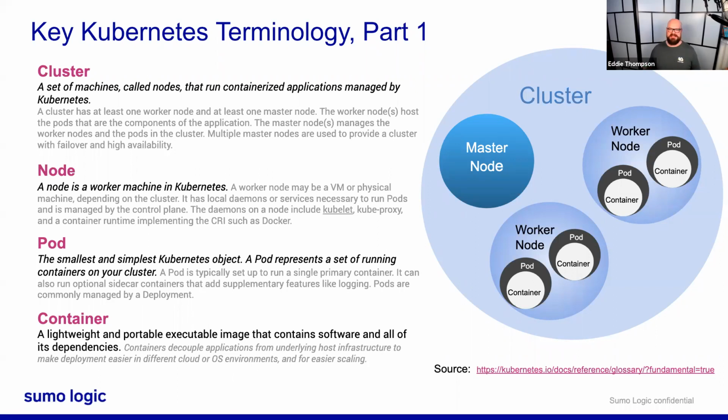A pod is the smallest and simplest deployable object within Kubernetes. A pod contains one or more containers. You cannot deploy a container within Kubernetes. You can only deploy a pod which contains a container. Pods are generally managed by a deployment, which I'll get to on my next slide. And the container is the deployed image that you have from your code.